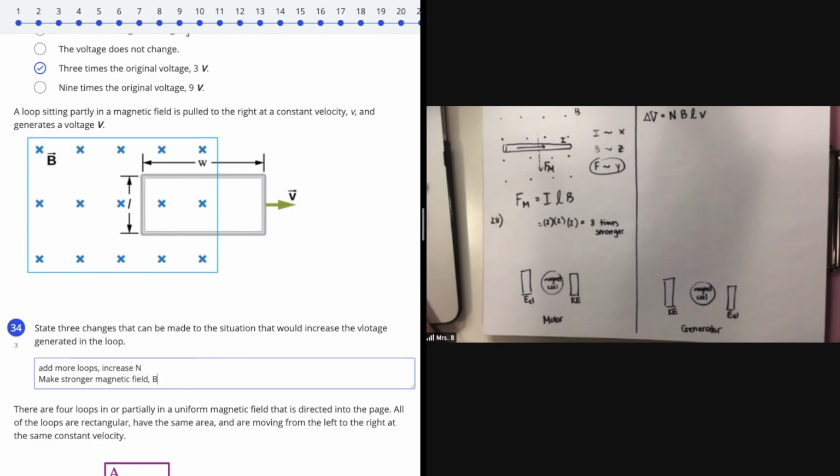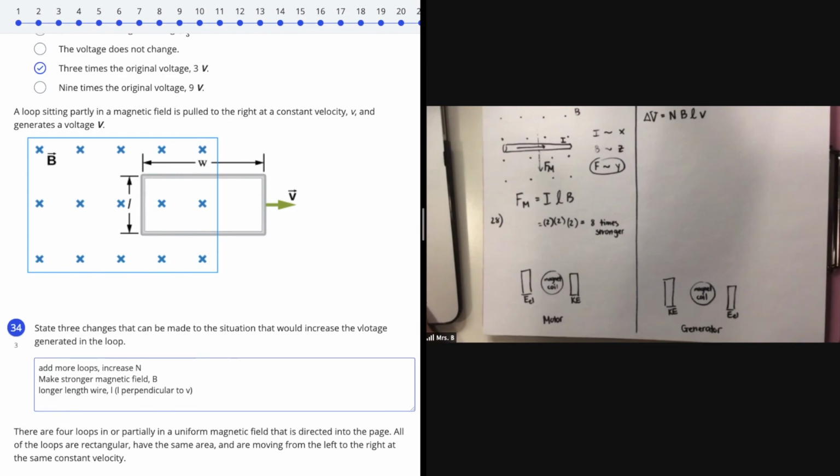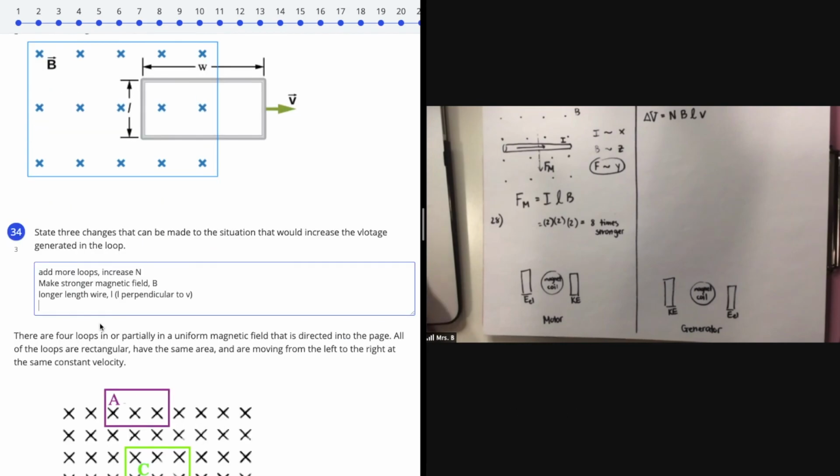That would increase B. I could make a longer length wire, L. And I just want to be really careful here that L is the perpendicular distance to the velocity. L and V must be perpendicular to each other. Finally, I can make this go at a faster speed.